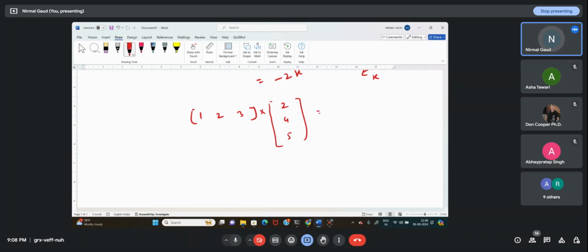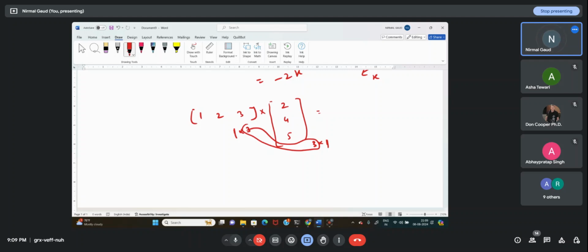What's the size of this matrix? This is 1 cross 3. What is the size of this? It's 3 cross 1. So I can perform the multiplication because 3 and 3 are both the same. How am I going to do that? What will be the result? The result will be 1 cross 1.